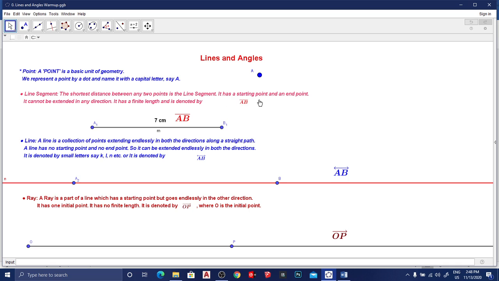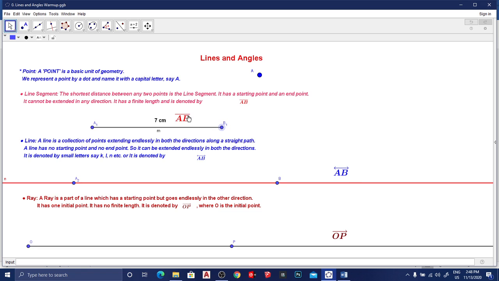It has a starting point and an end point. Every line segment has a starting point here and an end point here, and it cannot be extended in any direction. It has a fixed or finite length, and it is denoted by AB bar.